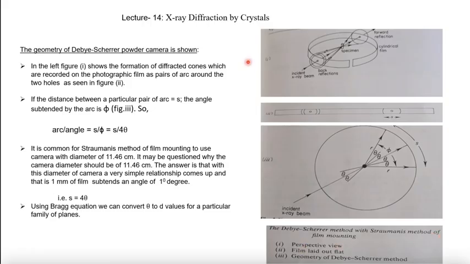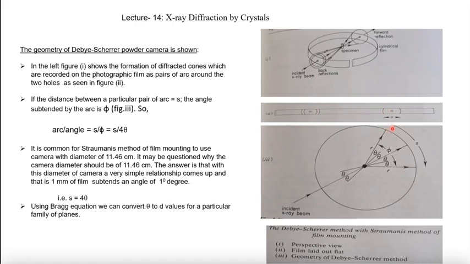We are showing you here the perspective view, the film laid out flat, and then the geometry of the Debye-Scherrer method. On the left is the formation of diffraction cones. Mind you, it is Straumann's method of mounting the film in the camera. And then in figure 2, this film, when we flatten it out, we see the pairs of diffraction cones, backward reflection.